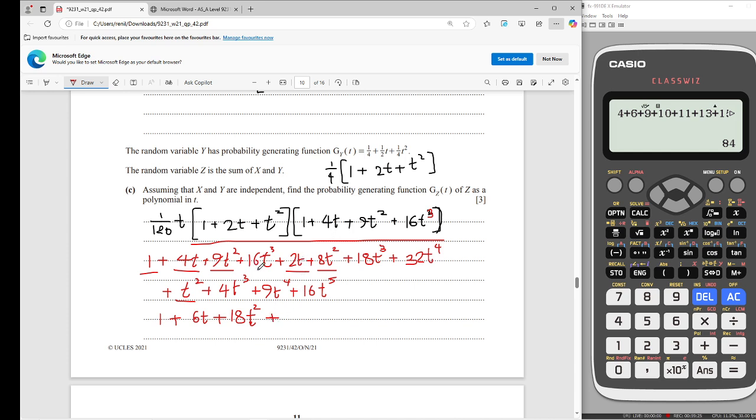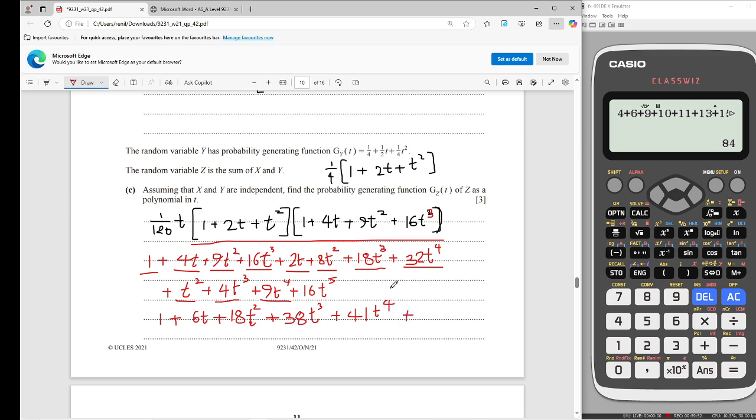Moving on, the t cubed is going to be 16t cubed plus 18, which is 34, plus 4, which is 38. So it's 38t to the power 3. Now we have t to the power 4. Really simple again, just adding up: 41t to the power 4.